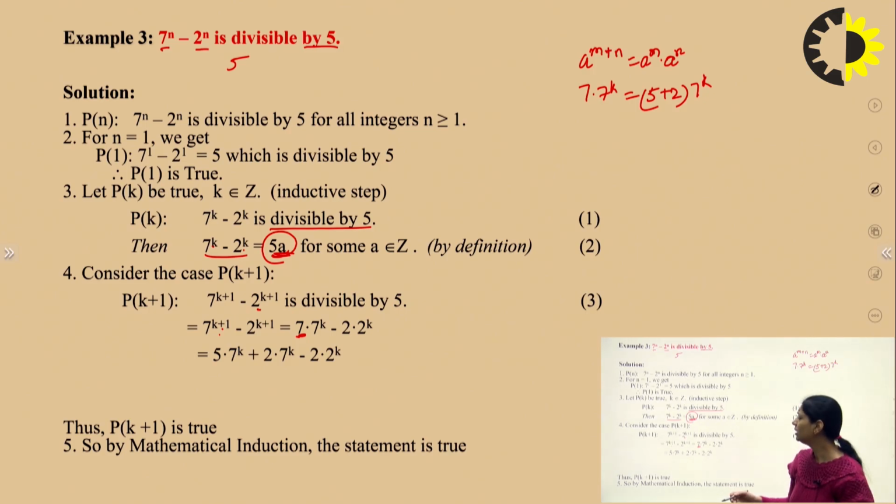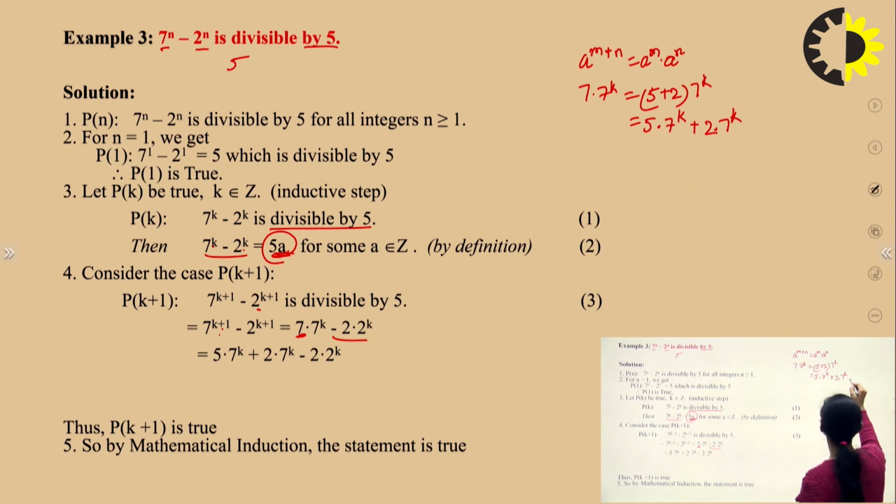That is why we have broken this 7 into 5 plus 2. When we open up the bracket, we get 5 into 7 to the power k plus 2 into 7 to the power k, followed by this one as it is, minus 2 into 2 to the power k.